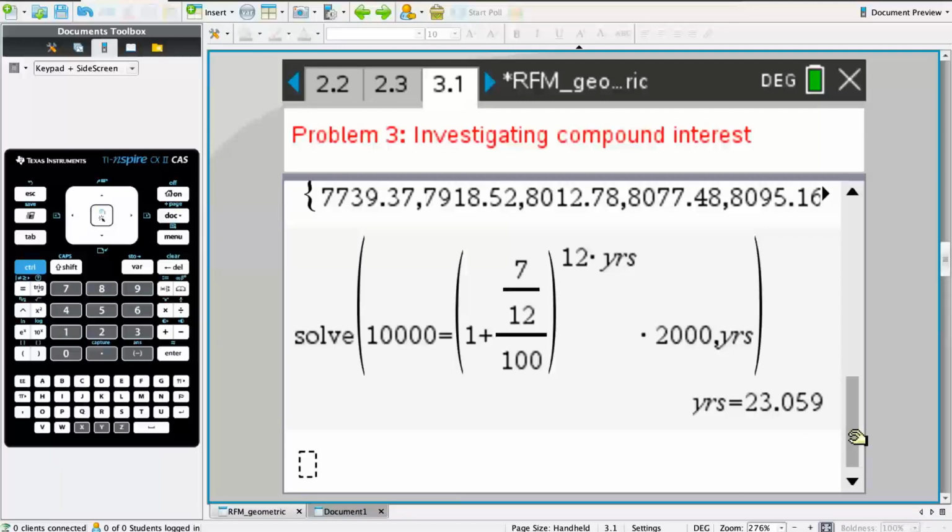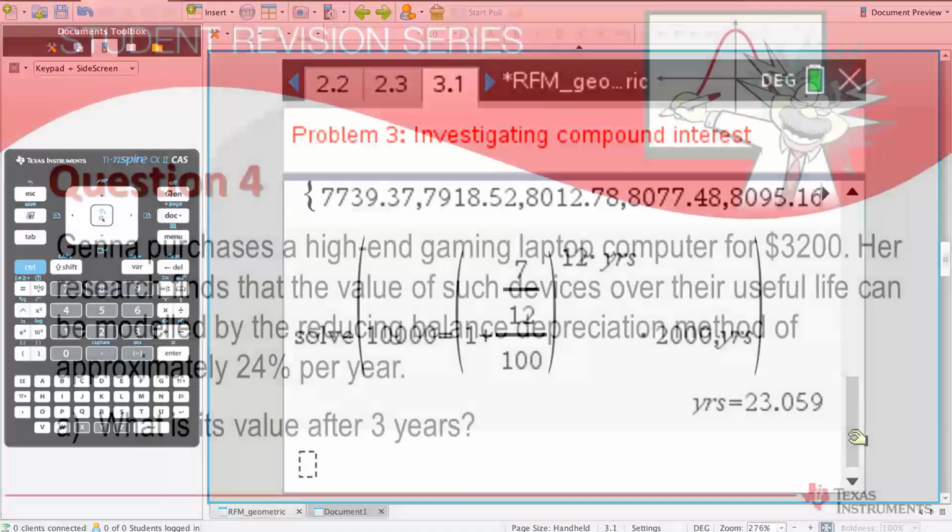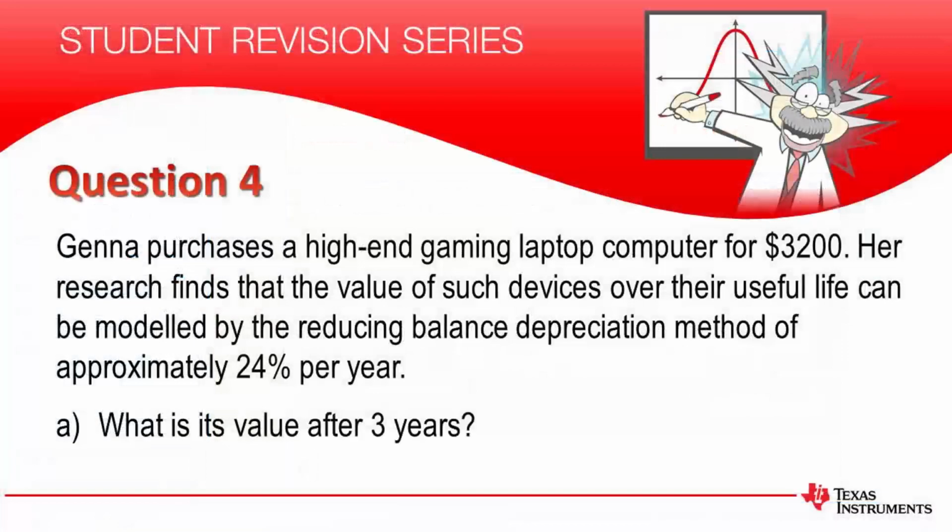So when does 10,000 equal 1 plus 7 over 12, because we want 12 compounding periods per year. And it gives you the answer, just over 23 years. Okay, so that's the end of problem number 3. Let's go to problem number 4 now.